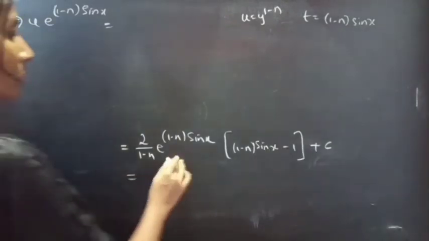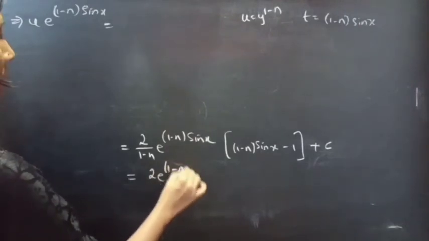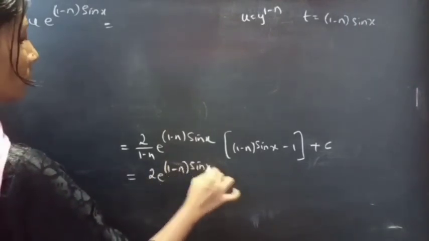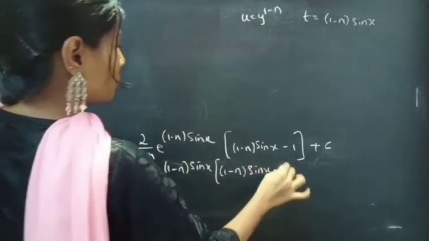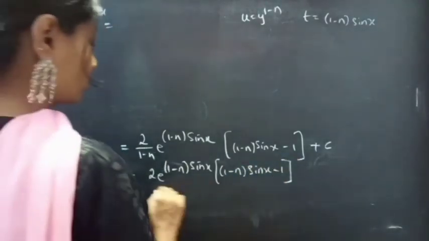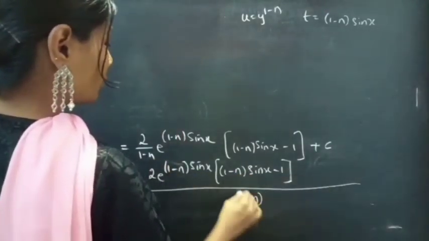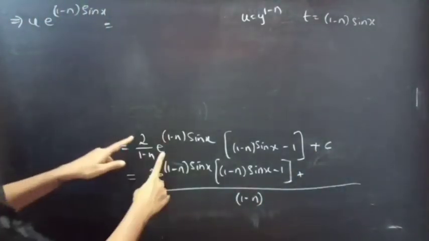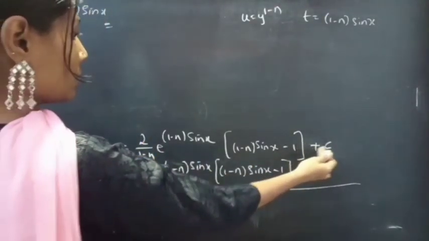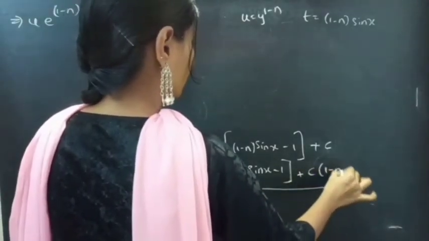The LCM of these two terms, you'll get 2 e power 1 minus n into sine x into 1 minus n sine x minus 1. Here 1 minus n is the LCM, right? Plus the numerator will get 2 into this part plus c into 1 minus n. Fine.